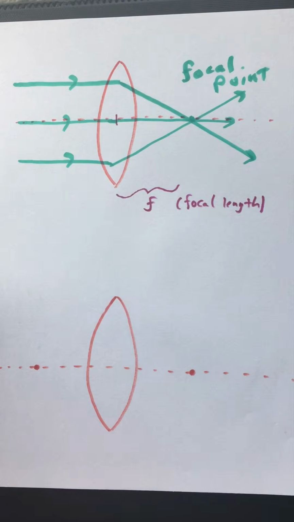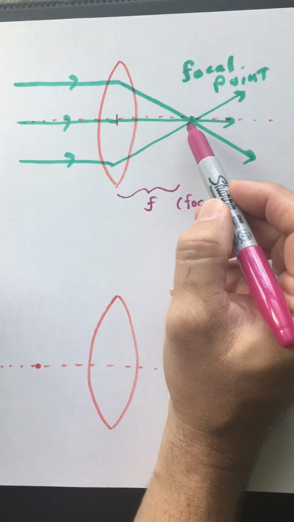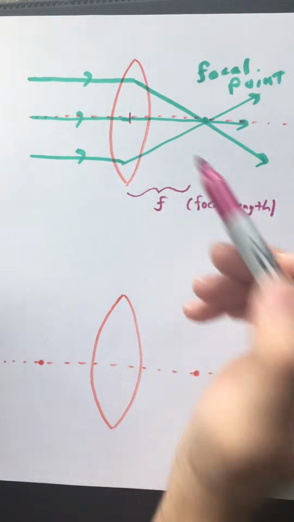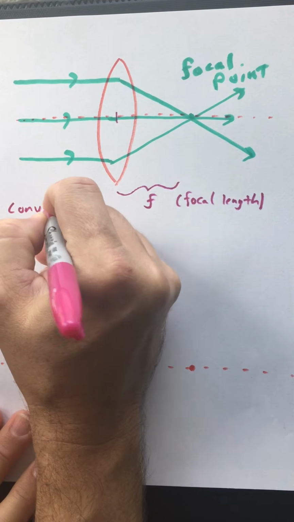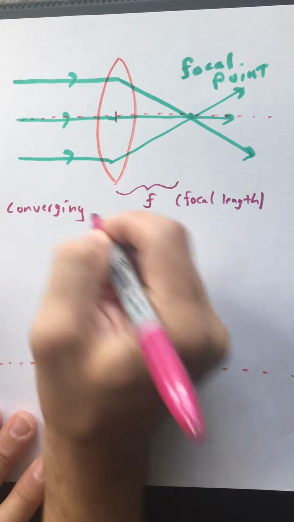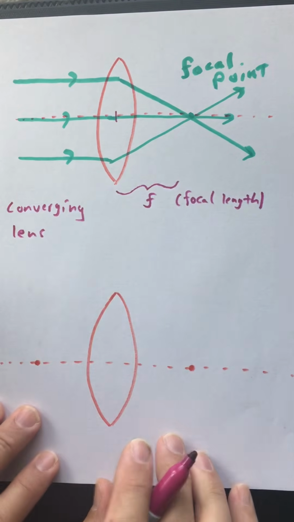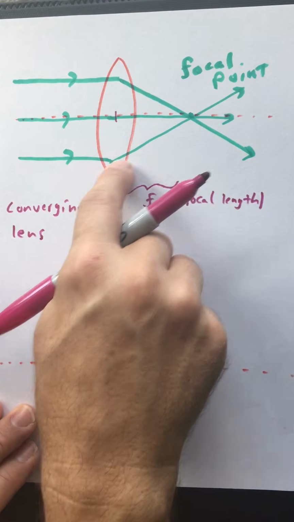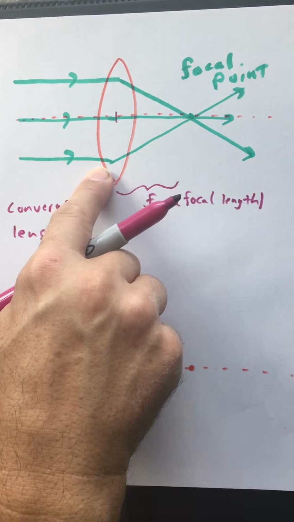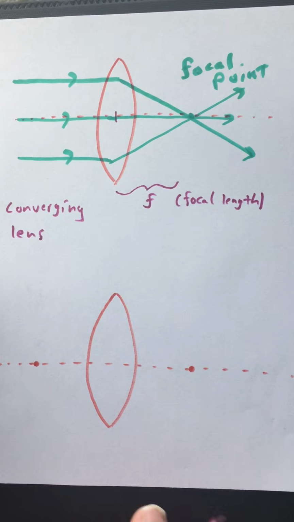All right. Now, because these rays are converging on a specific point, we call this type of lens a converging lens. And just by me saying that and writing it down, you can probably imagine that later we're going to look at a diverging lens. But this is a lens which tends to converge light that enters into it, at least light that enters it parallel, to a specific point.